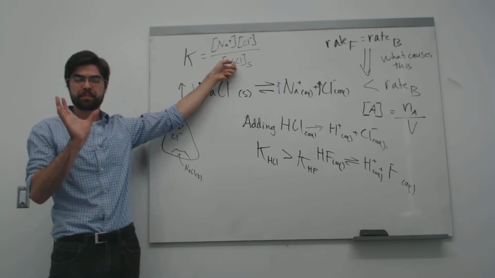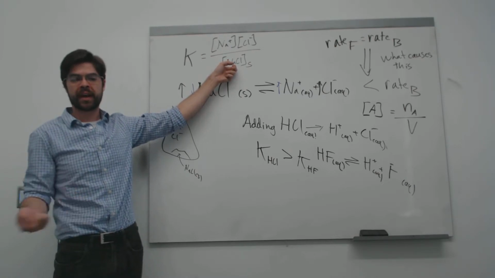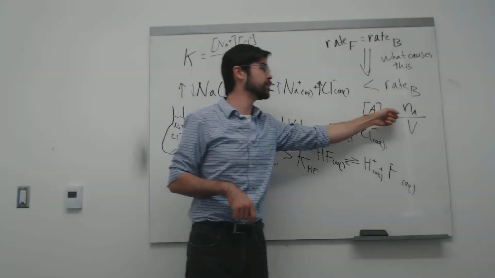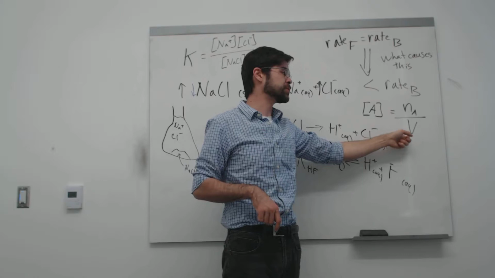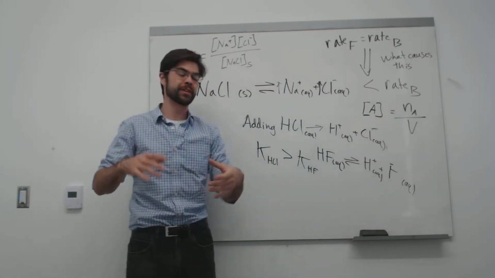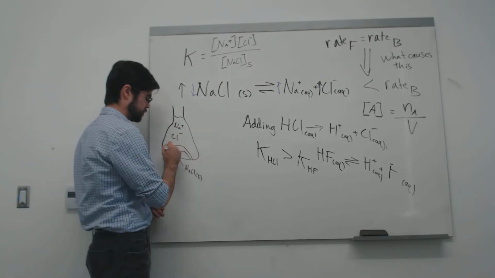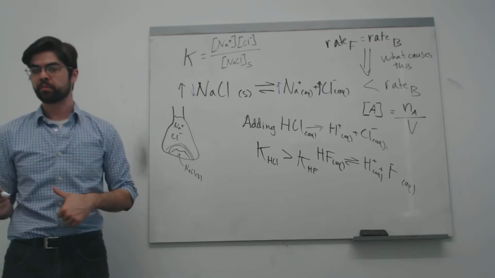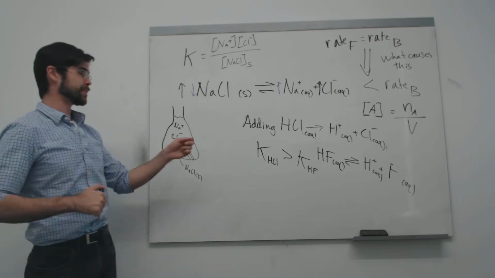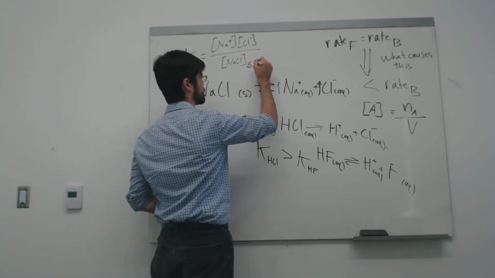Its density, the mass of it per unit volume, is a constant. Just because I add more table salt doesn't mean that I'm changing its density. I increase the moles of it, but I'm also correspondingly increasing the volume, because as I add more, the lump gets larger and larger. So the amount of it goes up, but so does its volume. And so as a result, its concentration is fixed. It's a constant.